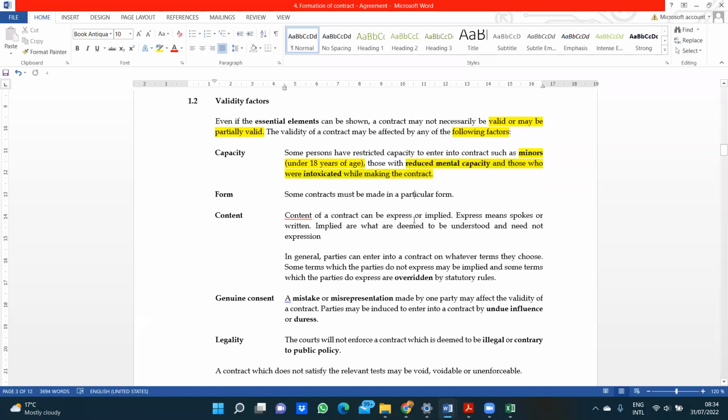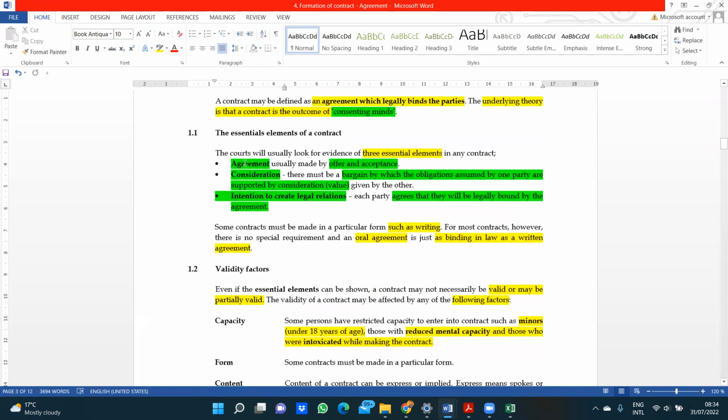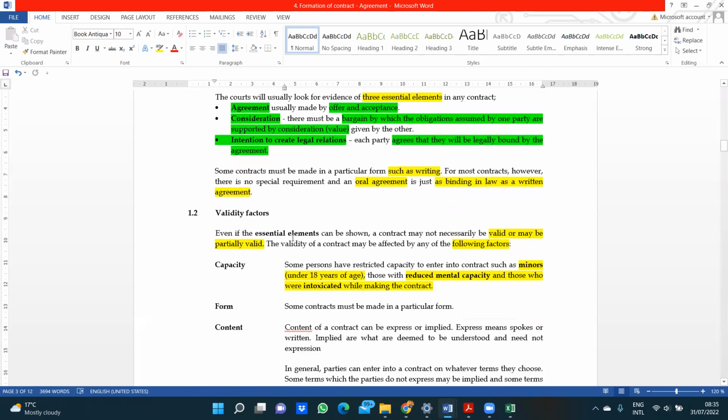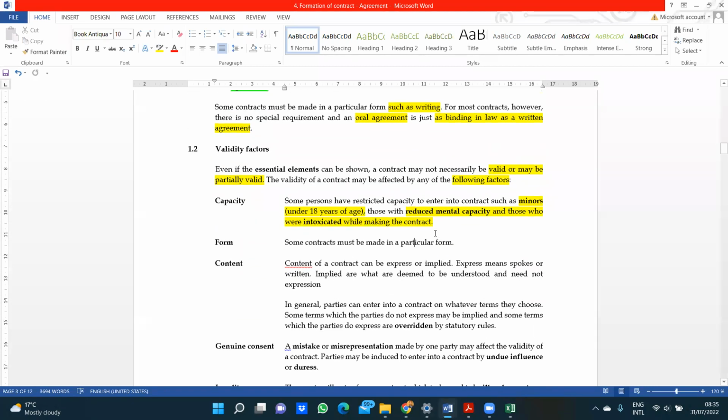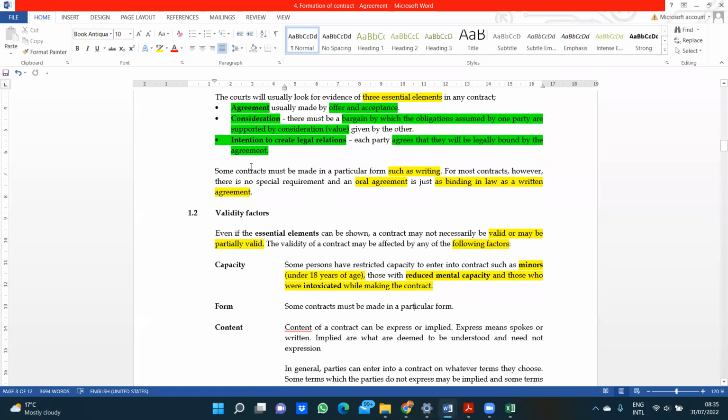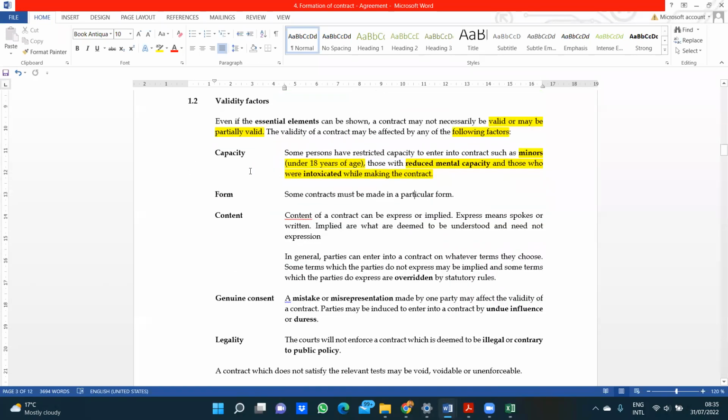Even if we had a contract with an agreement, a consideration, and intention to create legal relations, but the person that signed the contract, that provided consent, has a reduced mental capacity, then this affects the validity of the contract. Even if the above three essential elements have been proven, the factors below are still going to affect the validity of the contract.